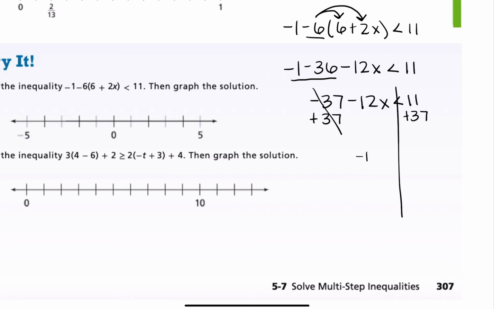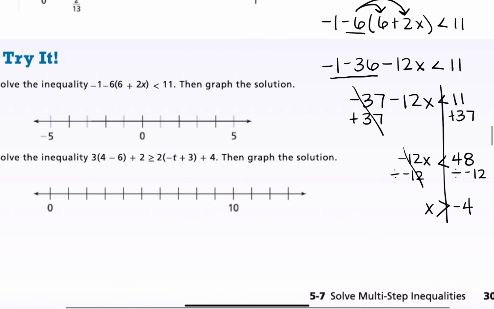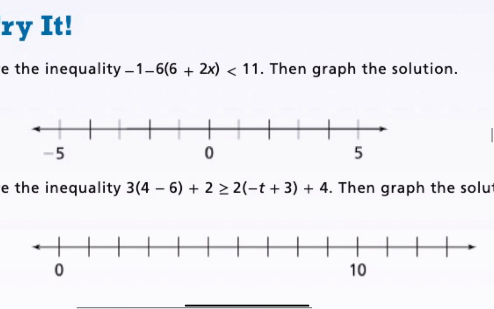So that leaves me with -12x is less than 48. X is being multiplied by -12, so I need to divide by -12. I divided by a negative, so I have to flip my sign the other way. 48 divided by -12 is -4. So over here at -4, I'm going to need an open dot. And it is everything greater than.